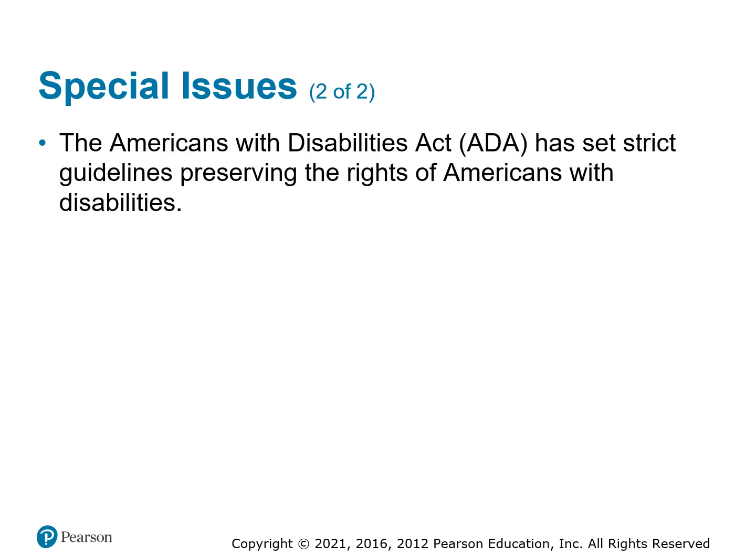Last thing to touch on here is the ADA, the Americans with Disabilities Act. There are strict guidelines to help preserve the rights of Americans with disabilities. So as a student, you do fall into that category. If there are certain things that would help you under the ADA, you need to communicate with me separately outside of class, so that we can make sure that you have the best possible chance of making it through this program.